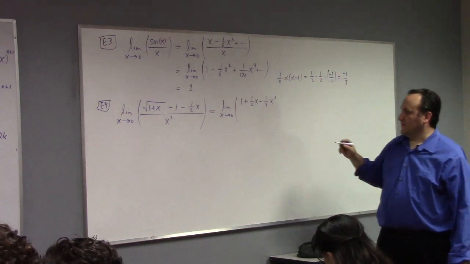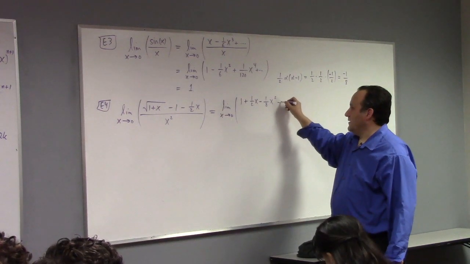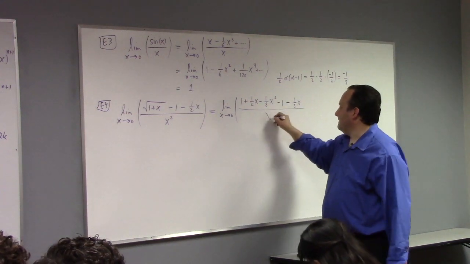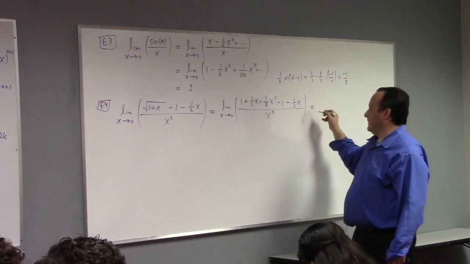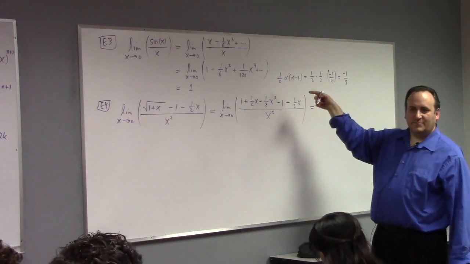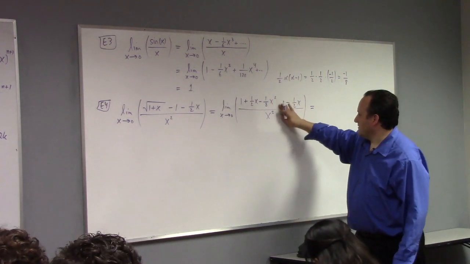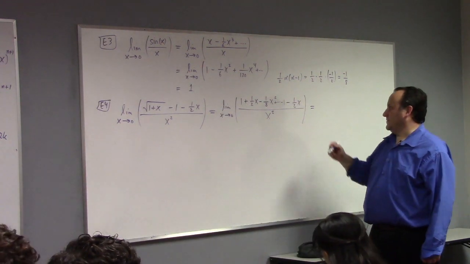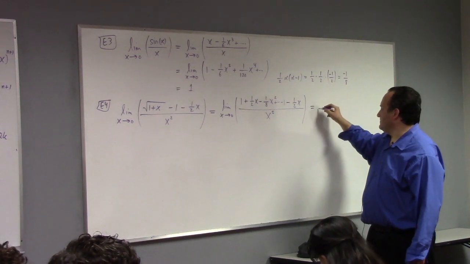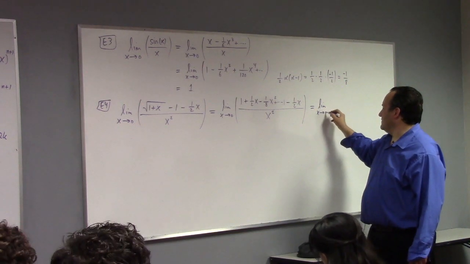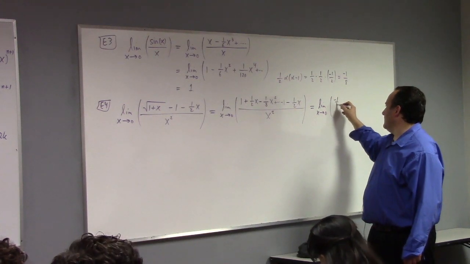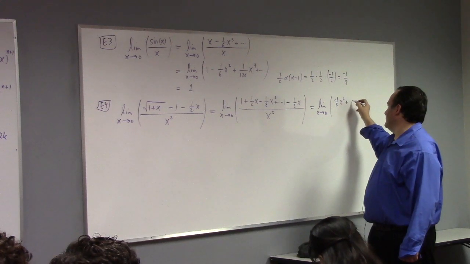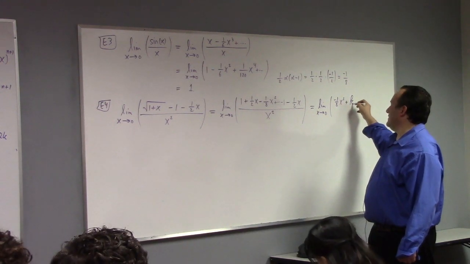And then we have minus 1 minus 1/2 x. So what happens? And of course there's the plus dot dot dot. The point is that what you've got is the limit as x goes to 0 of minus 1/8 x squared plus higher order things, plus some constant, let me just say k, times x cubed.